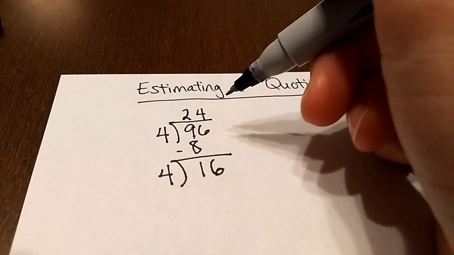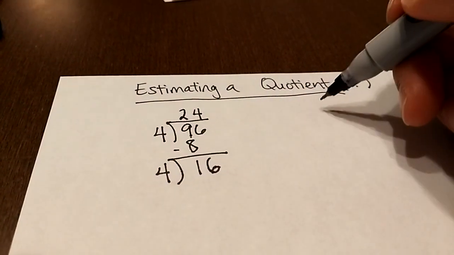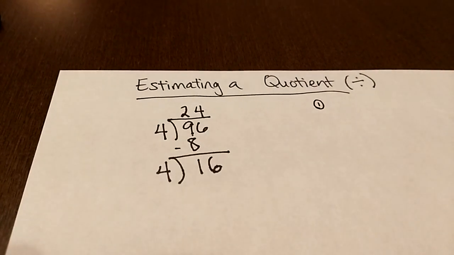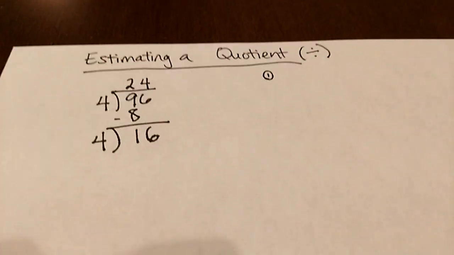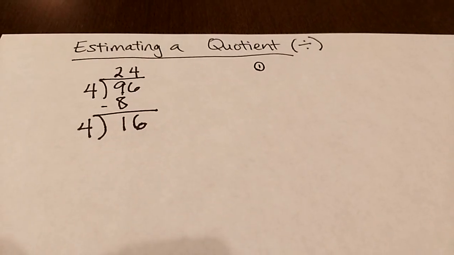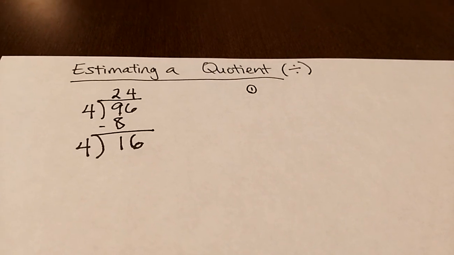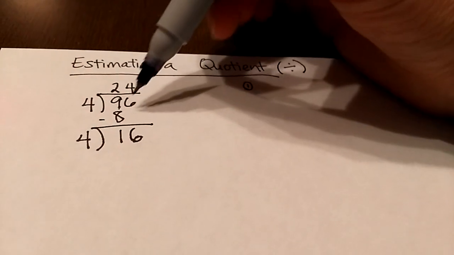And I can estimate. I can estimate in 2 different ways. The first way that the book teaches and that I taught first was to try to find 2 numbers that I can multiply 4 by to get close to 96.